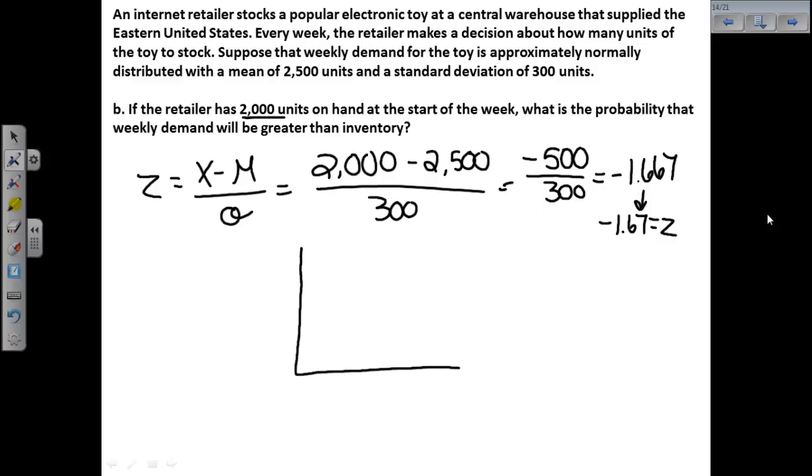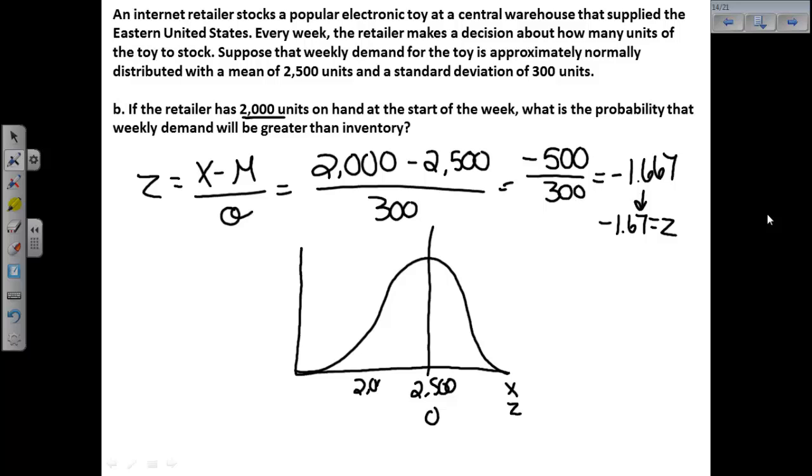Makes sense that we have a negative Z-score because 2,000 is less than our mean of 2,500. If we draw this out, X values and Z-scores, we've got 2,500 in the middle, the Z-score of 0. 2,000 would be roughly here. And we know that it has a Z-score of negative 1.67. So what's the probability that the demand will be greater than the inventory?